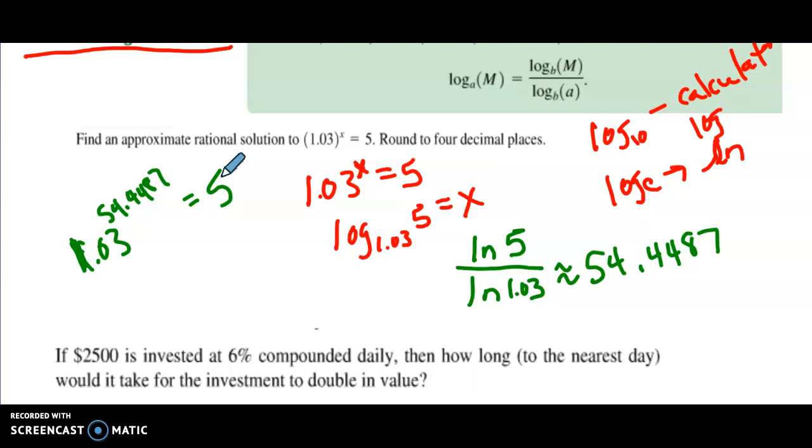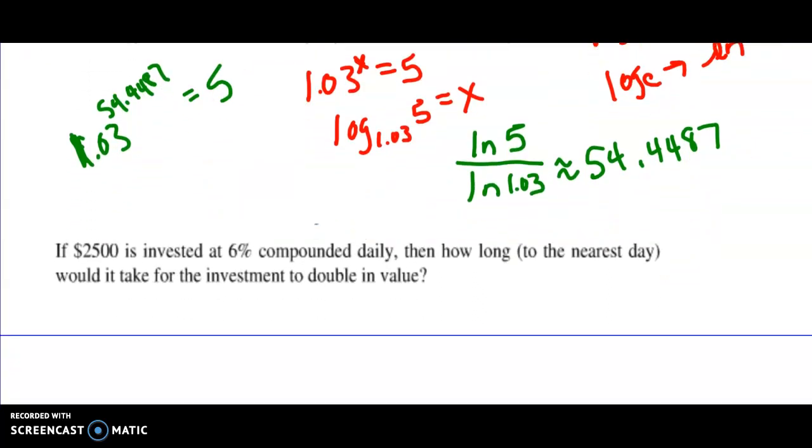So on my calculator, I'm taking 1.03 up, that caret thing, to the 54.4487 power. And when I do that, I get 5.000002216. So it's pretty close to 5. I have some round off error there, but I'm pretty convinced that that's correct. Okay, that's how you use that.